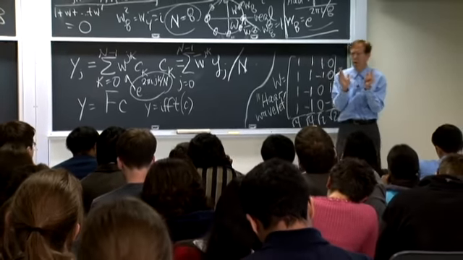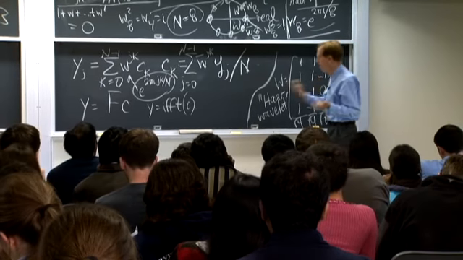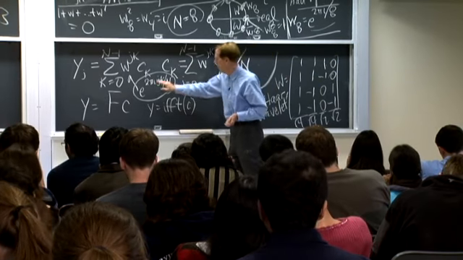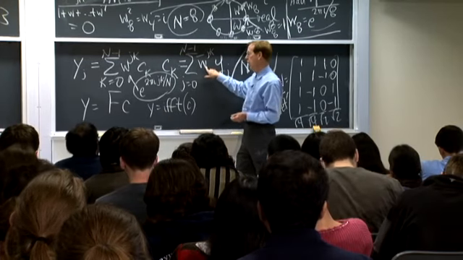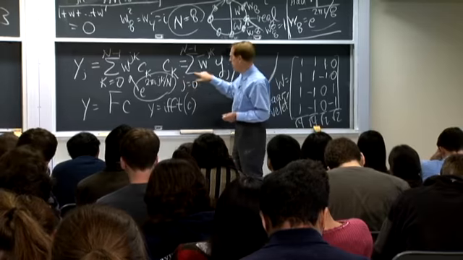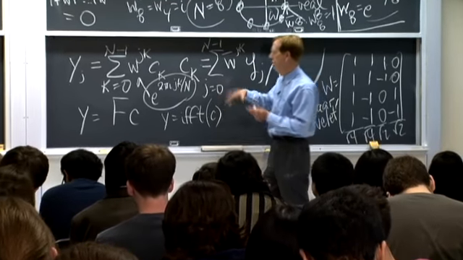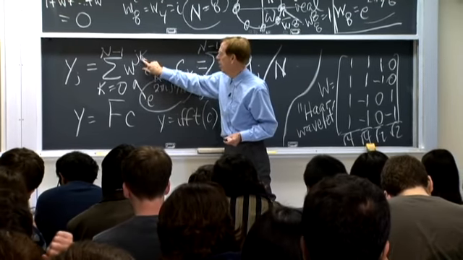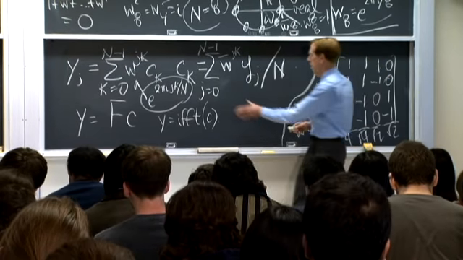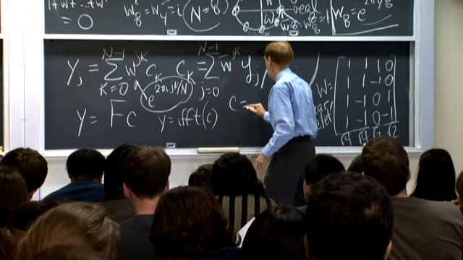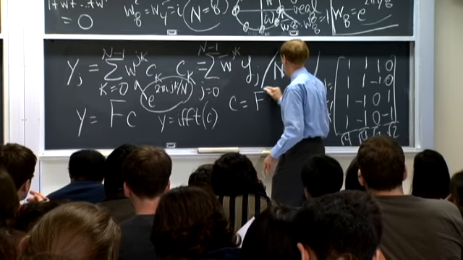I don't know how you prefer to remember these. Somehow you have to commit something to memory here, certainly what W is, and the fact that it's W and W bar, and the fact that the sums start at 0, and the fact that you have just these simple expressions for the entries in the matrix, and this then would be C equals F inverse Y.